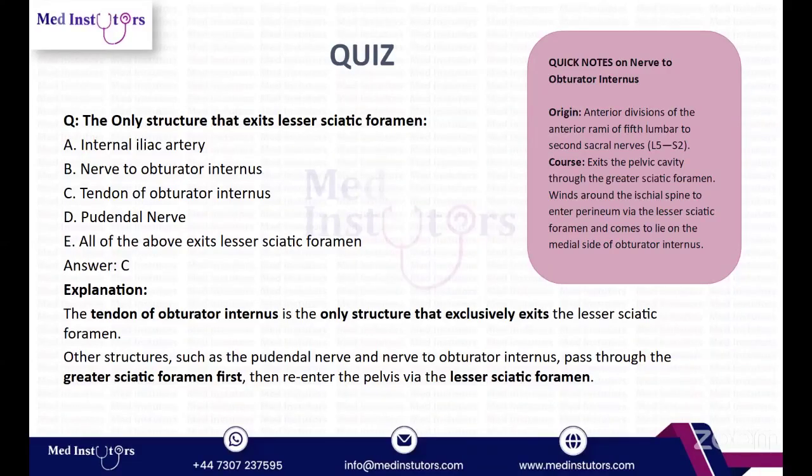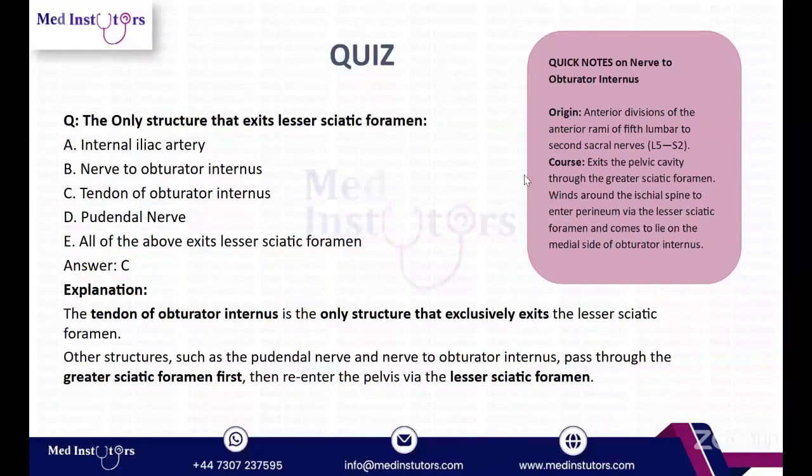So the only content which classically exits the lesser sciatic foramen is the tendon of obturator internus. So the tendon of obturator internus is the only structure that exclusively exits the lesser sciatic foramen. Other structures such as the pudendal nerve and nerve to obturator internus pass through the greater sciatic foramen first, then re-enter the pelvis via the lesser sciatic foramen.